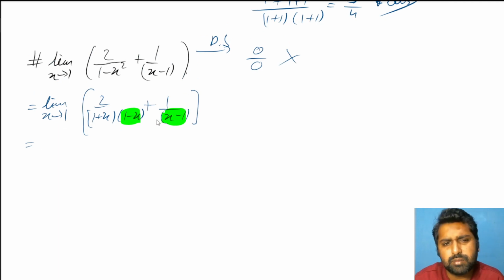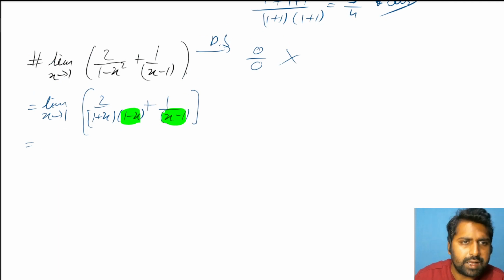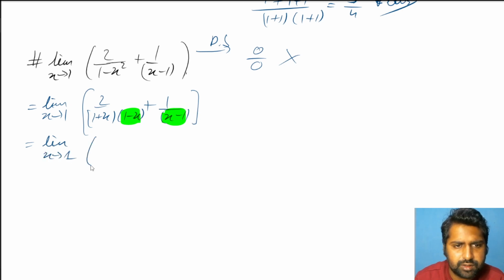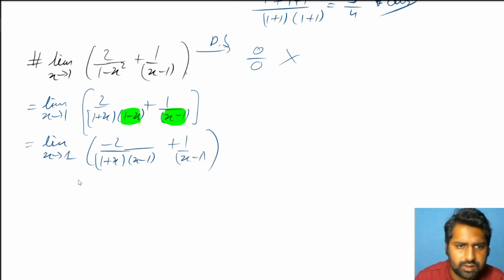Yes, they are not same, but if you multiply both the numerator and denominator by minus 1, it will become 1 plus x. If you multiply this with negative, the signs will change, and after that you can take x minus 1 common.